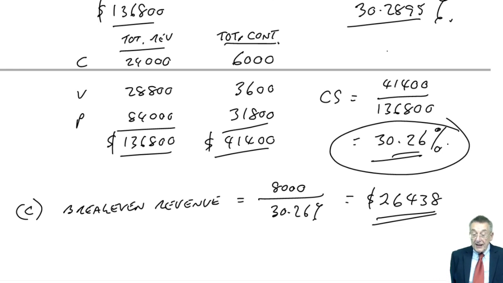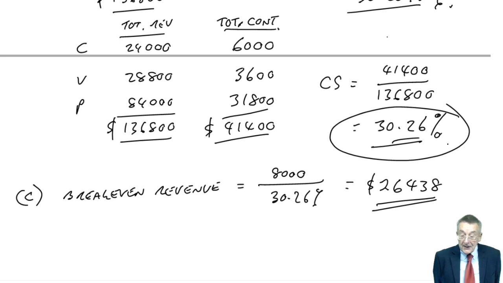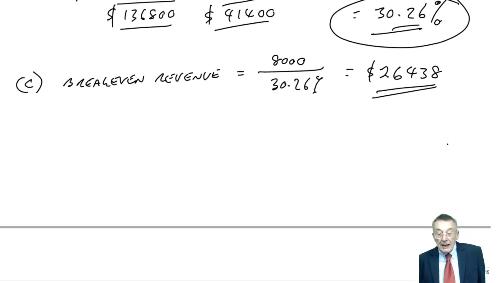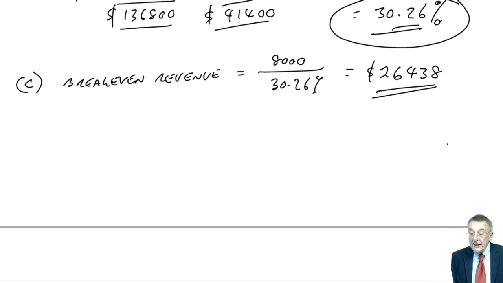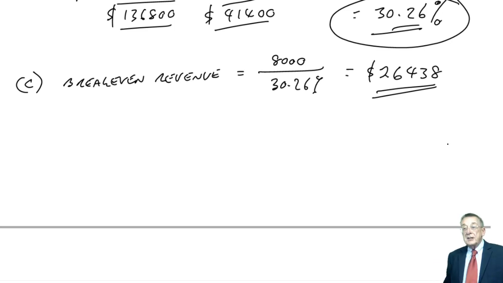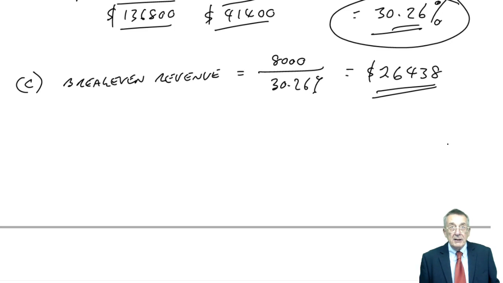Remember, we budgeted our revenue of 136,800, so we can afford it to drop quite a lot. But provided our revenue is more than 26,438, we will be profitable. But yet again, that is assuming that if we do sell less, we still sell them in the same proportions as the budget proportions.